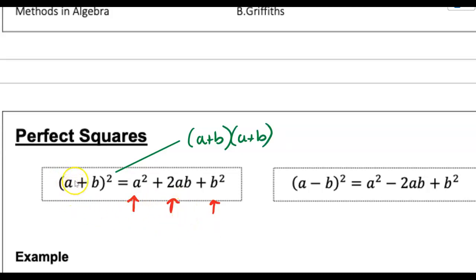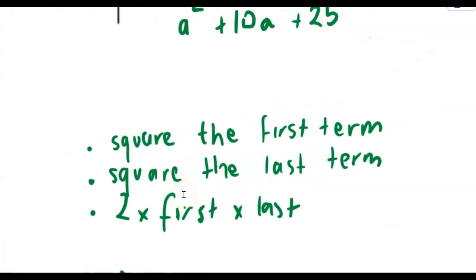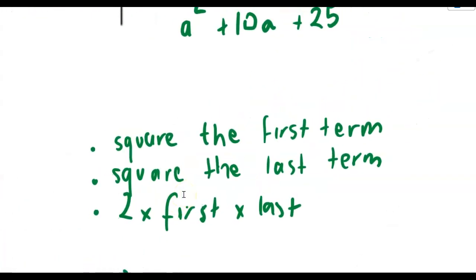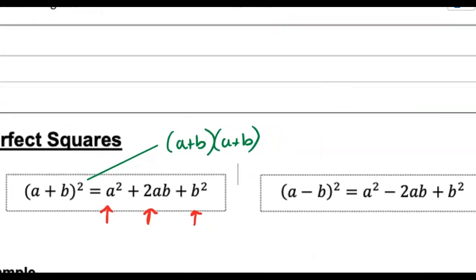It was square the first term, which is a squared, square the last term, which is b squared, and twice the first term times the second term. That's what we end up with. So that's the mathematical way of writing the sentence that I did up above. Square the first term, square the last term, 2 times the first term times the last term.